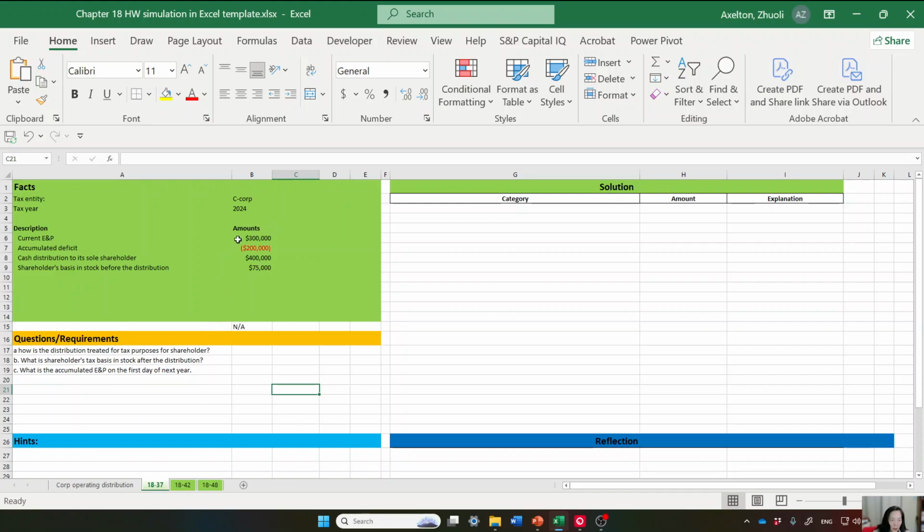This example shows there's a current year E&P, but there is an accumulated deficit, meaning a prior year accumulated negative E&P. In this case I have the cash distribution and also the shareholder basis, and the question is again how the distribution is treated, what's the tax basis, and what's accumulated E&P, all that stuff.